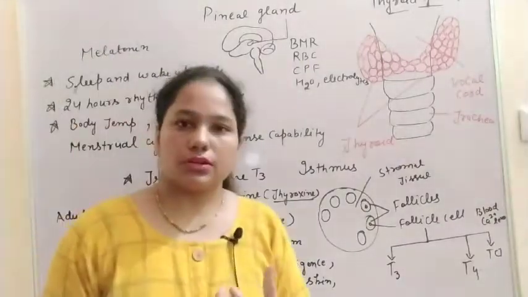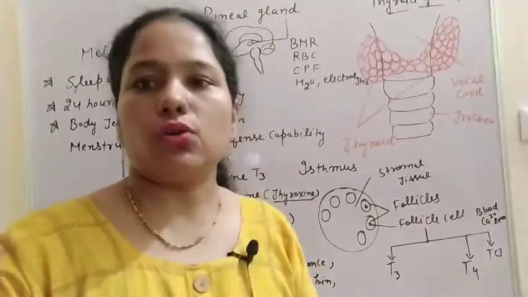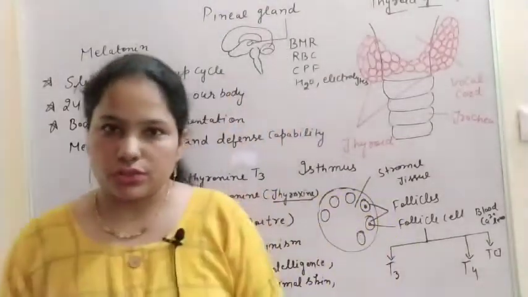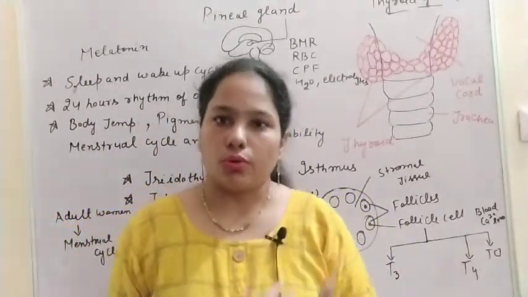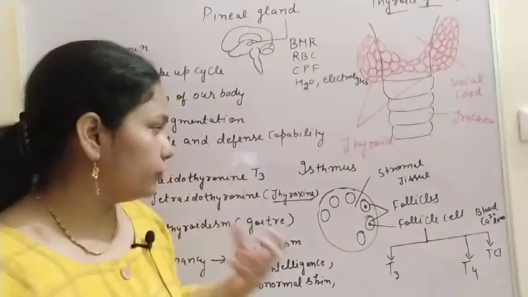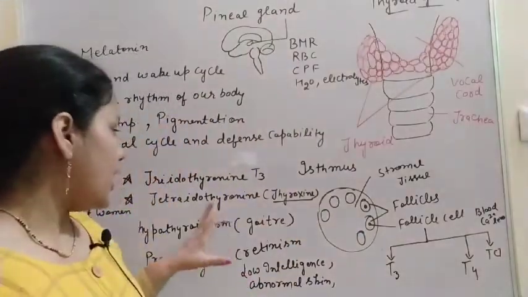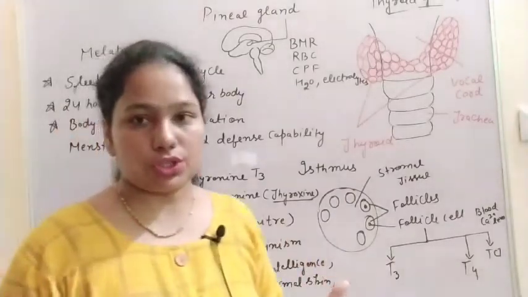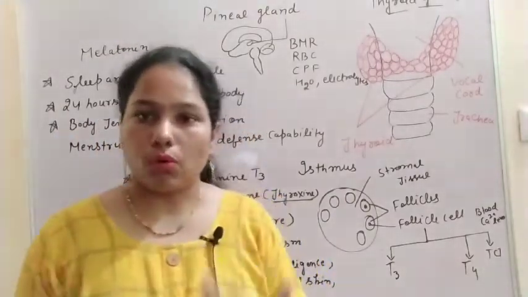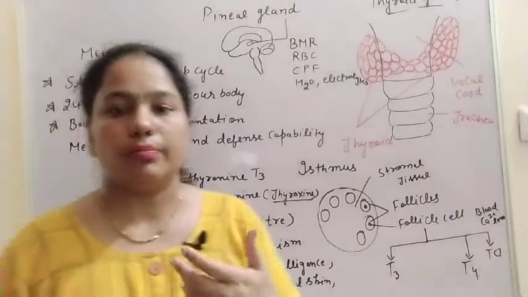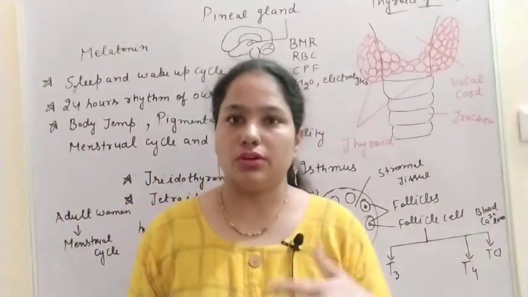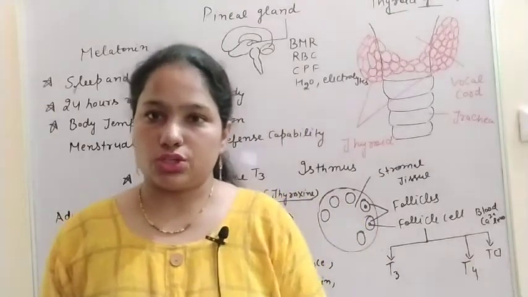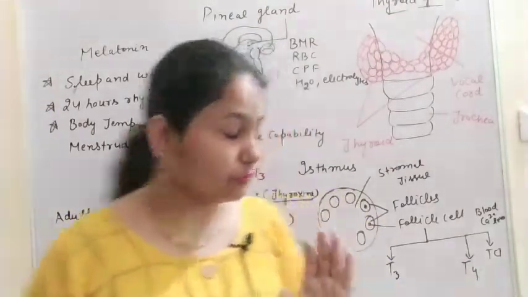Thyroxine is the main hormone of the thyroid gland, and it is essential for the proper functioning of our body, in pregnant women and in growing children also. So it is essential for everyone.